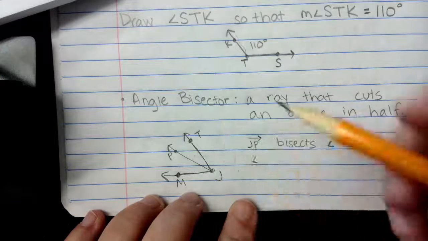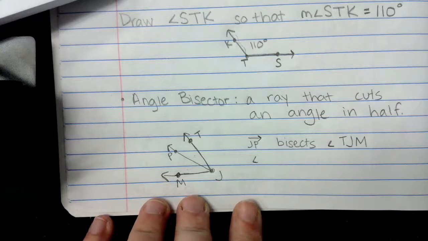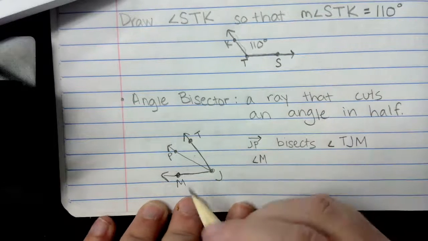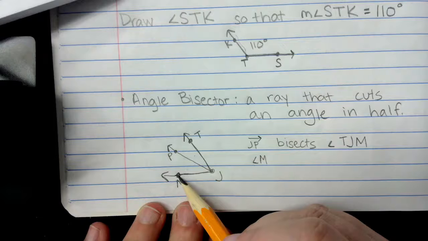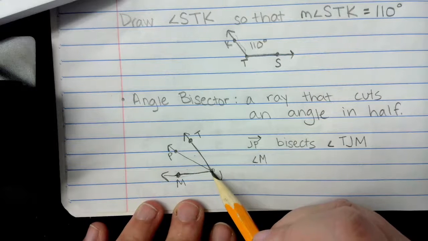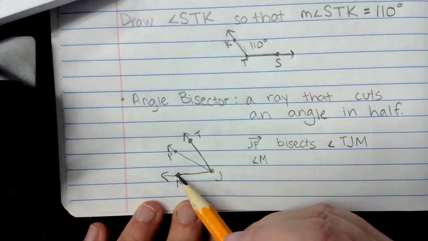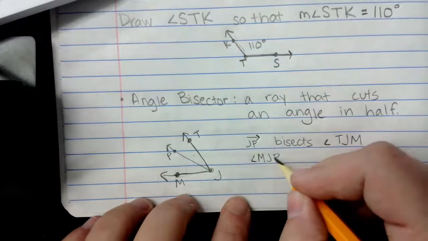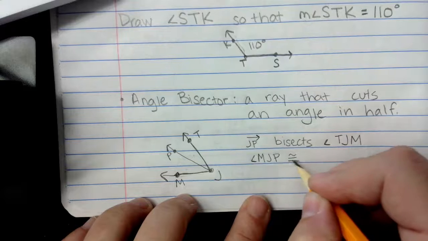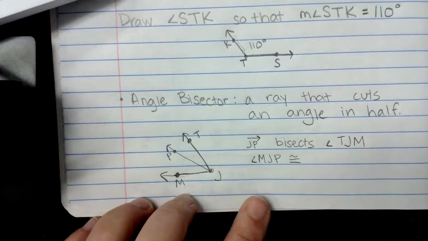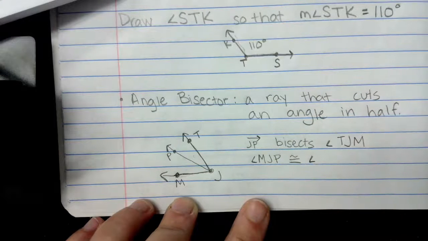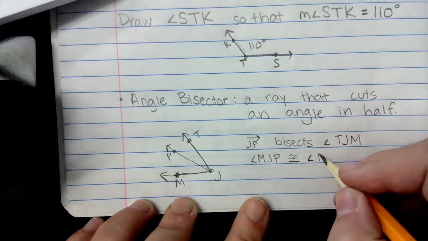Angle MJP, we want the smaller angle, not the big angle, is congruent, so again, the equal sign with a little squiggly, to angle PJT, or you could do TJP.